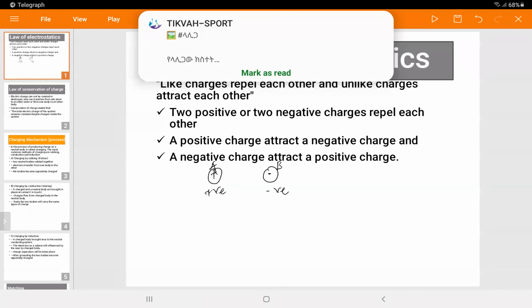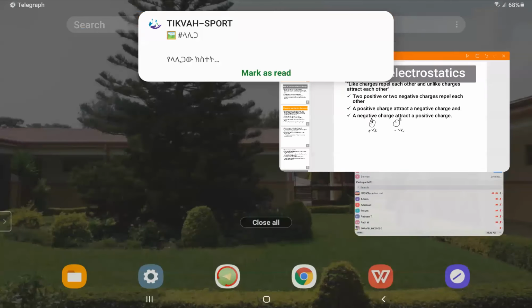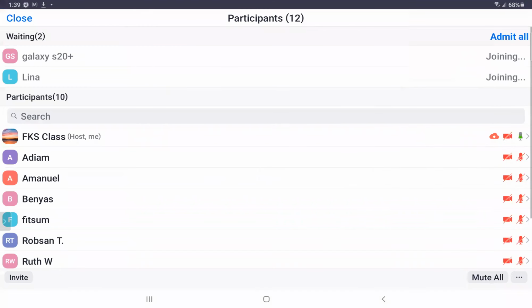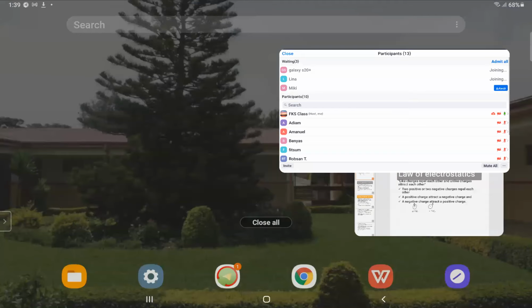Then they carry opposite charges, the two bodies carry opposite charges.